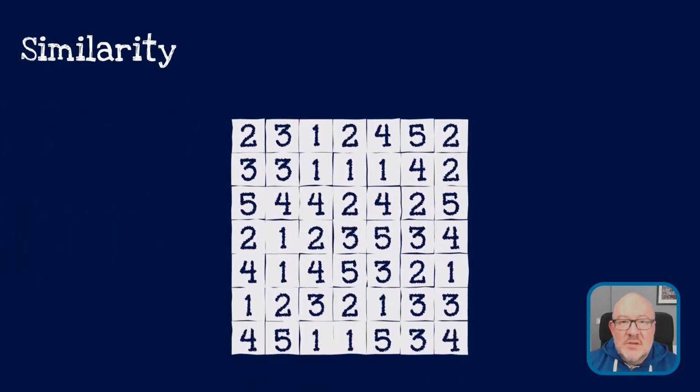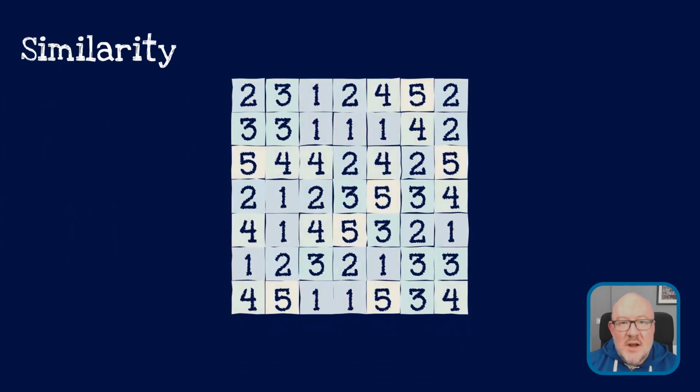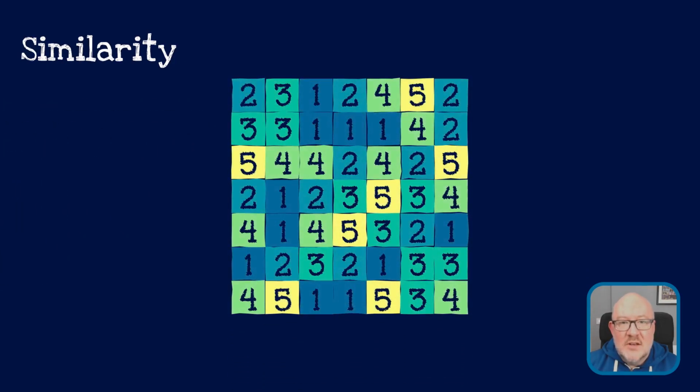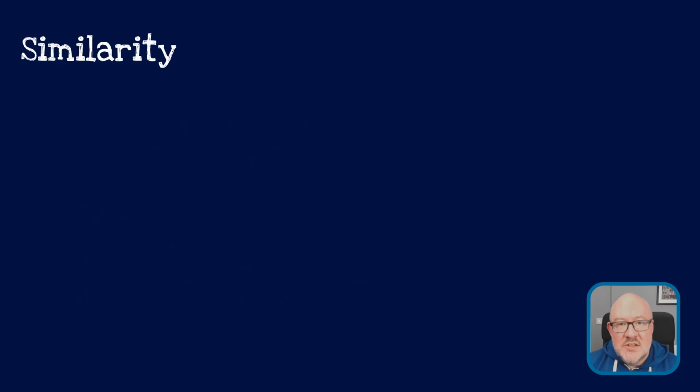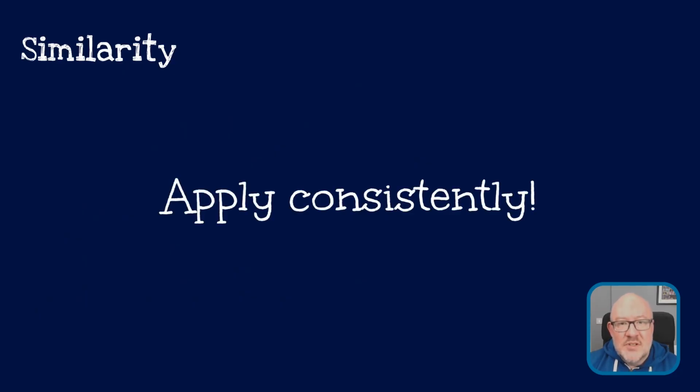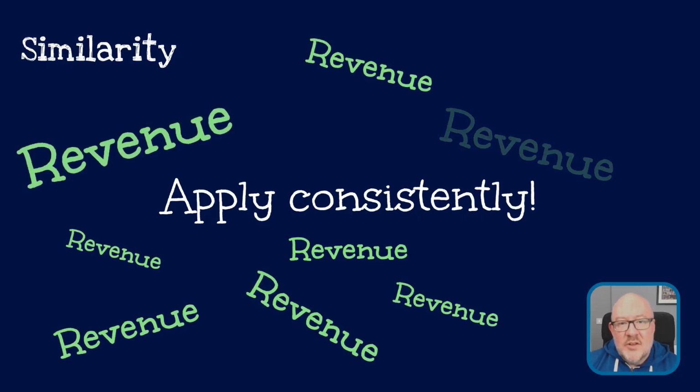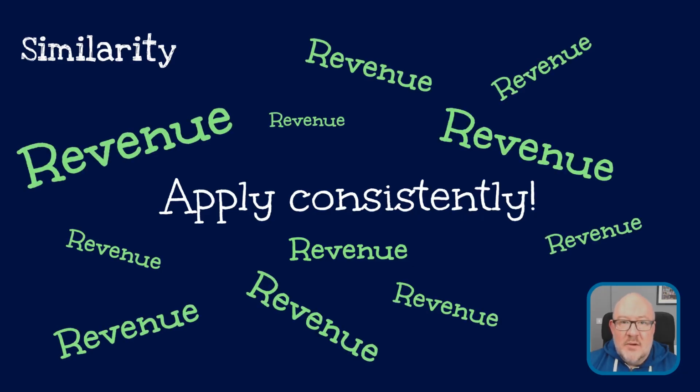The similarity principle is useful for tables of data where a heat map colour effect can be used to group related items. If you're working on a project that has multiple visualizations displayed together, such as a dashboard, make sure that the similarity principle is applied consistently. For example, if you've created a chart that has revenue displayed in green, make sure that all your other revenue charts use green as well.